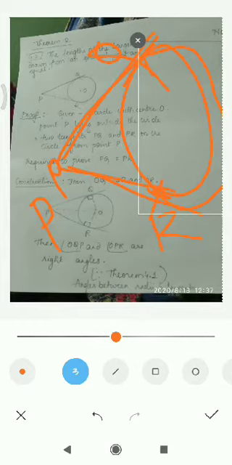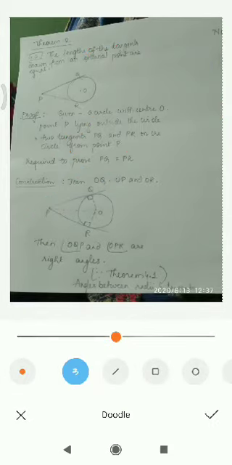That is what you have to prove. So the lengths of the tangents drawn from an external point to the circle are equal. This is what is asked in the question.